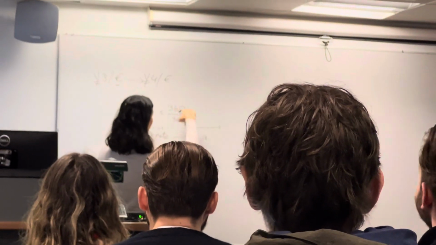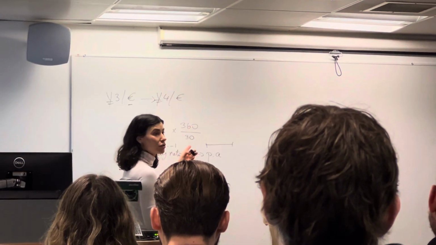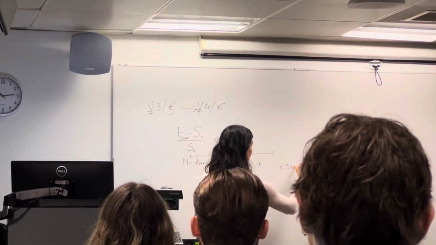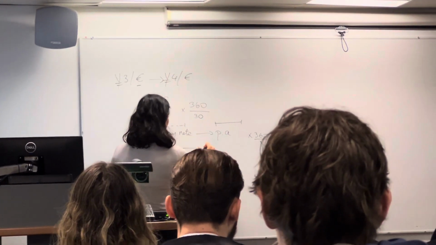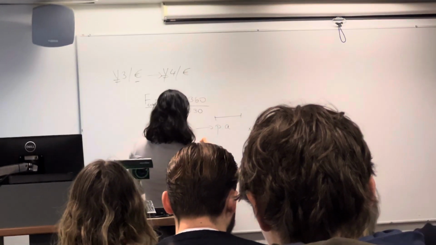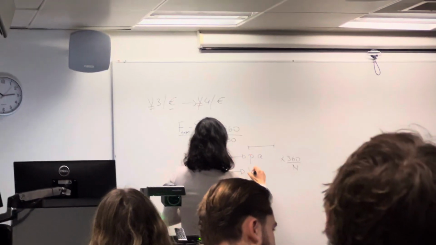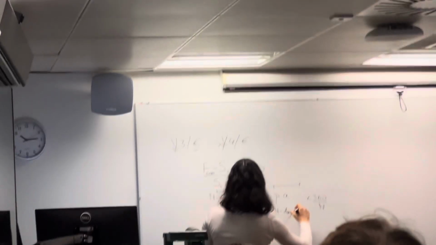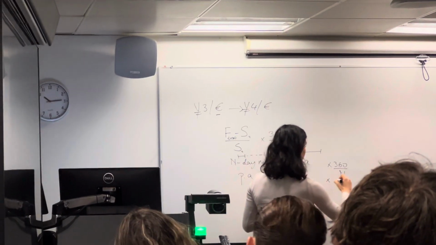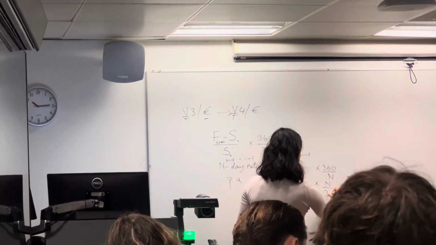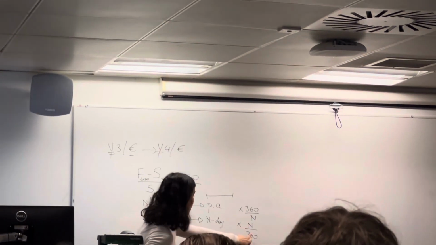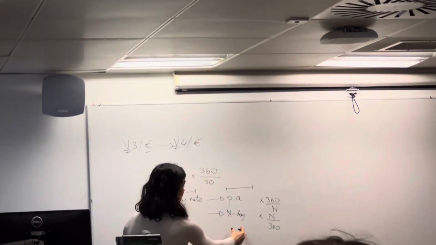So here we divide, and this fraction is obviously bigger than 1. So we want it this way. So that's why we multiply by 360 divided by n, and not the other way around. When we de-annualize from an n-day rate, we multiply by the opposite, by n over 360. Because this fraction is lower than 1, so we want to go from a bigger to a smaller.